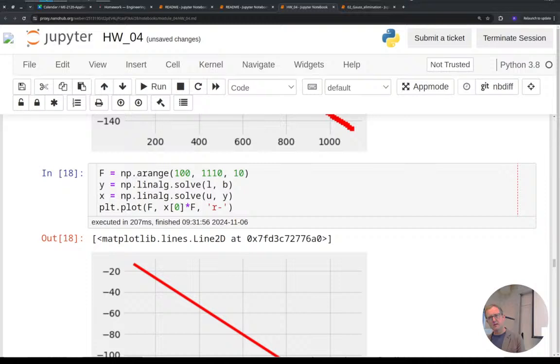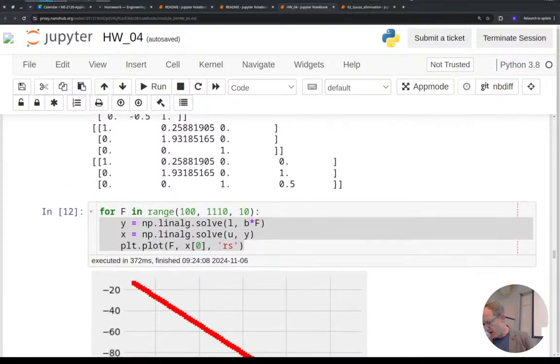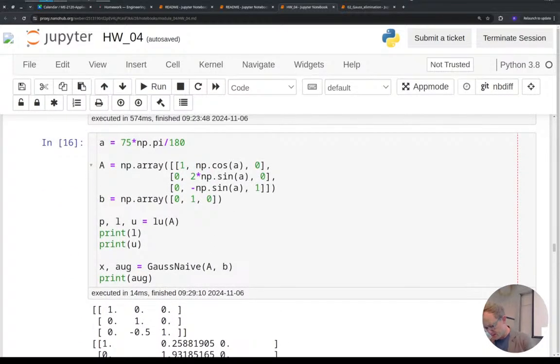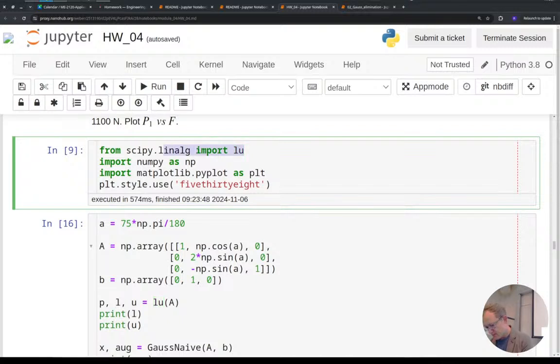What is the function you used to call the LU decomposition? Because it comes from SciPy, right? That one I grabbed from SciPy, linalg LU. The input for the LU function is only the A matrix, right? Yeah.